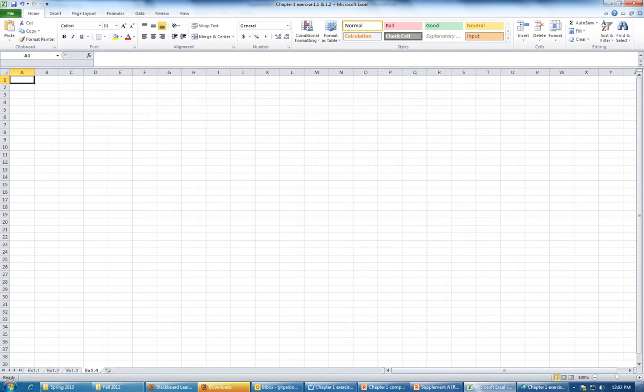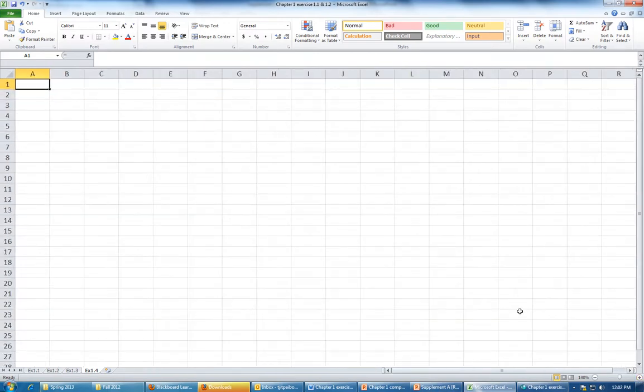Okay, for this example, first we're going to try to find the answer by using the algebraic approach. So we have fixed cost F equal to 60,000, variable cost of $6, and sale price of $18.